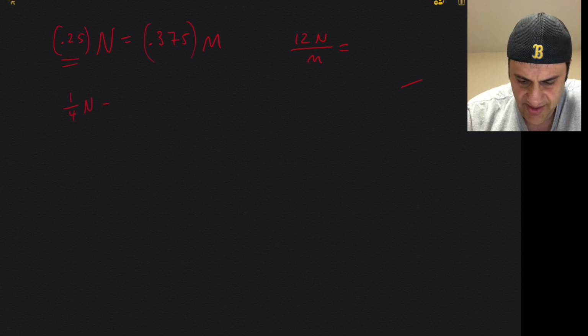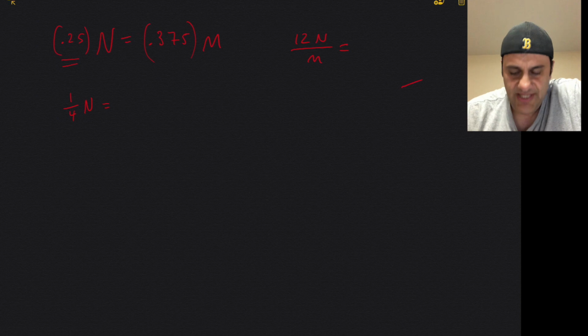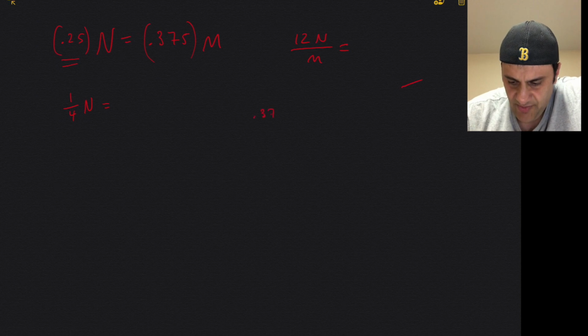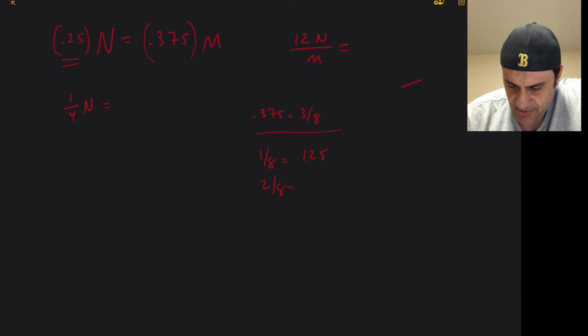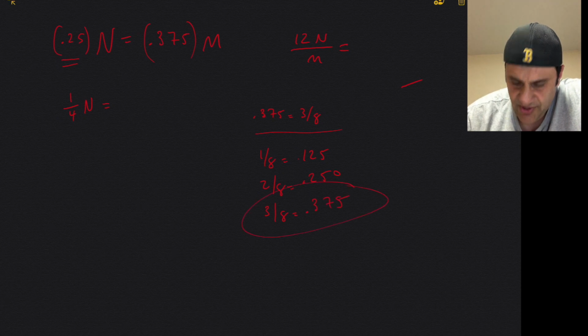So 1/4 n equals, and then 0.375, you should be able to see 0.375 is 3/8, okay? The 1/8 is 0.125, 2/8, which is like 1/4, is 0.250, and then 3/8 is 0.375. All right, so they want you to know the eighths, okay?